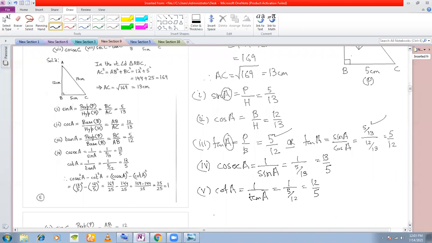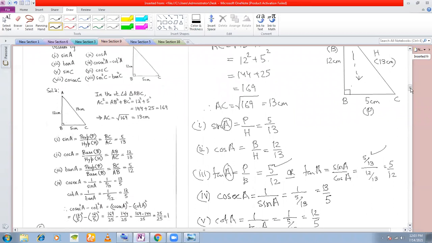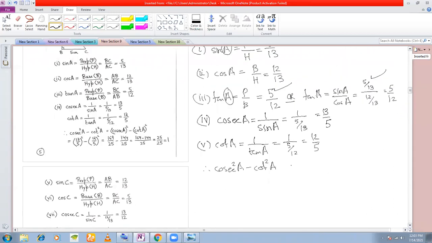Okay, so therefore cosec square A minus cot square A. That is what you have to find out, right? See the question here, cosec square A minus cot square A, question number 4. Cosec square A means cosec A whole square and cot square A means cot A whole square. Put the values here.